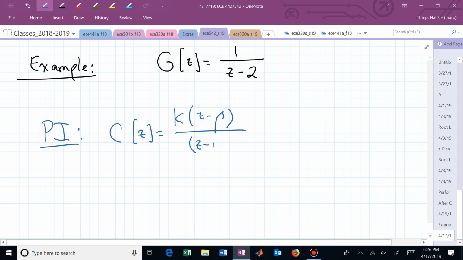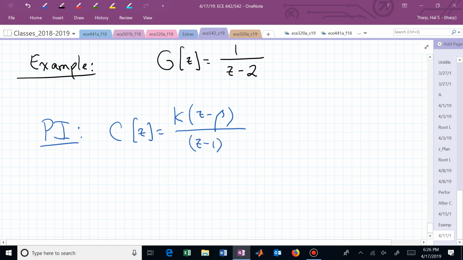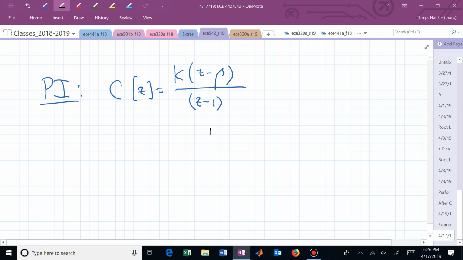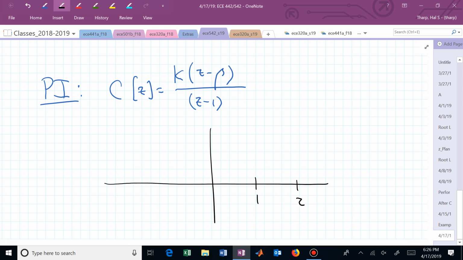But we have a pole fixed at Z equal to 1. There's our plant pole, and now you've just put a pole right there. Ugh, are you kidding me? Now what have you done? Well, we have a 0, don't we? Where are you going to put that 0?